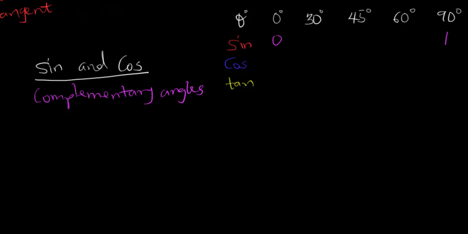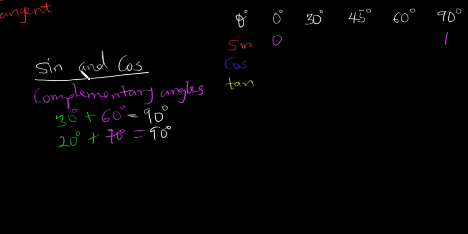For example, the angle 30 and the angle 60 degrees are complementary, because they sum up to 90 degrees. In the same vein, the angle 20 degrees and the angle 70 degrees are complementary angles, because they sum up to 90 degrees.